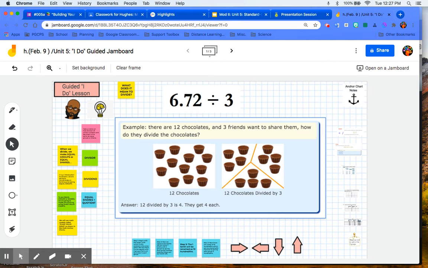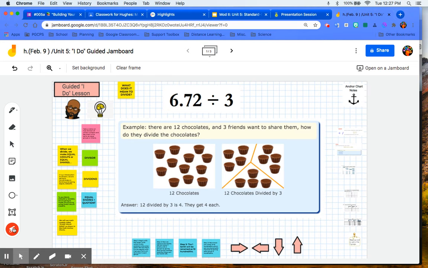You'll usually say, one for me, one for you, one for the other friend, and then one for me, one for you, and one for the other friend. You keep sharing equally until everyone has their amount of chocolates.